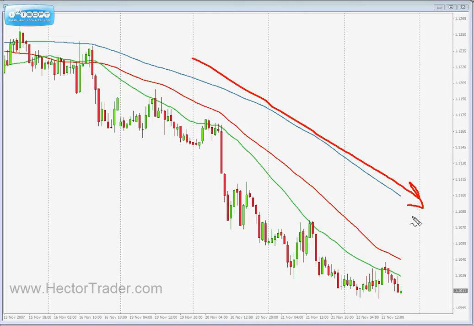It doesn't matter whether you're trading forex, stocks, futures, oil, corn. No matter the market, the only way to achieve some sort of consistency in this business is to always trade with the trend on your side, with the moving averages pointing in the trading direction, and that's the way I personally do it.